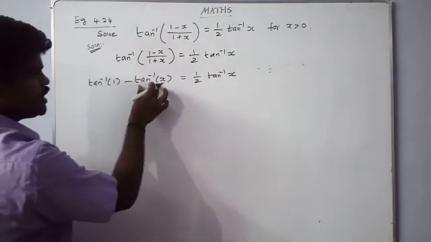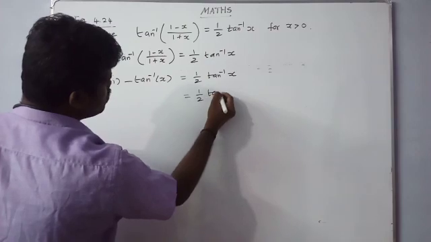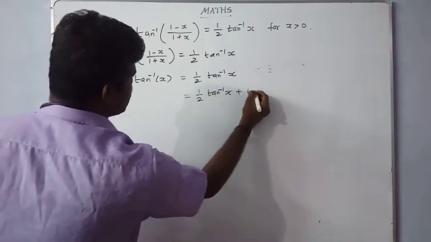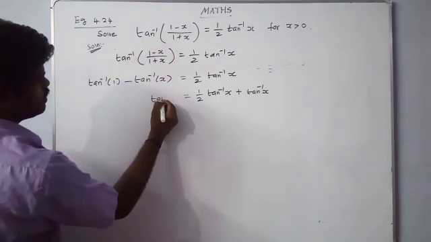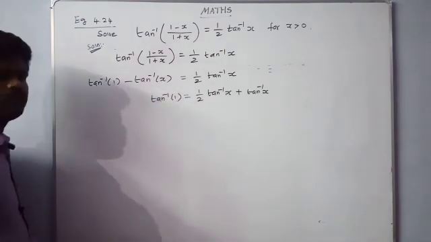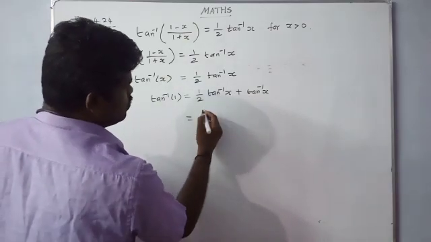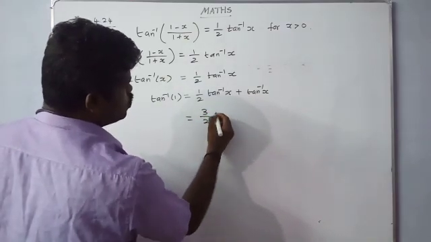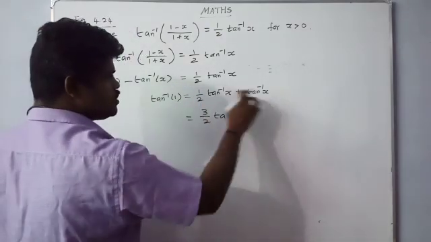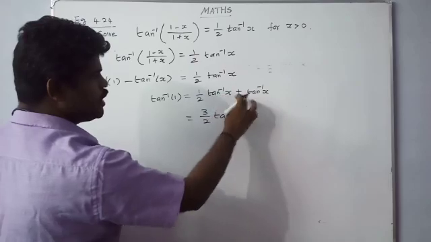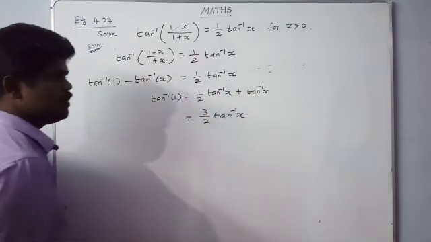The minus tan inverse x goes to this side: 1 by 2 tan inverse x plus tan inverse x, equals tan inverse 1. Adding these two terms, 1 by 2 and 1, take tan inverse x common: 1 by 2 plus 1 is 3 by 2.